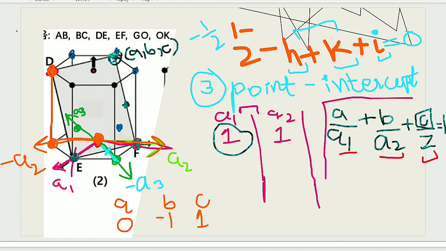So we have got the point A, B and C. Now we have to insert these values into the equation. This is the equation. Now let me insert all these values into this equation.